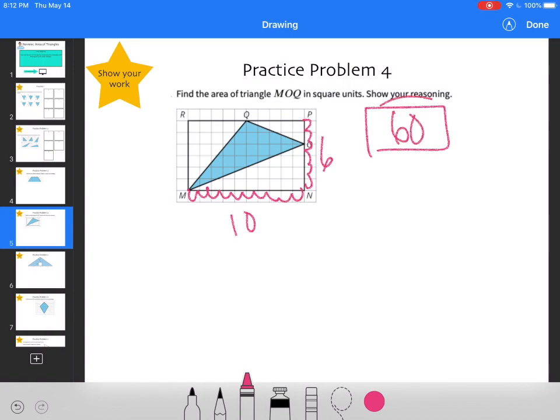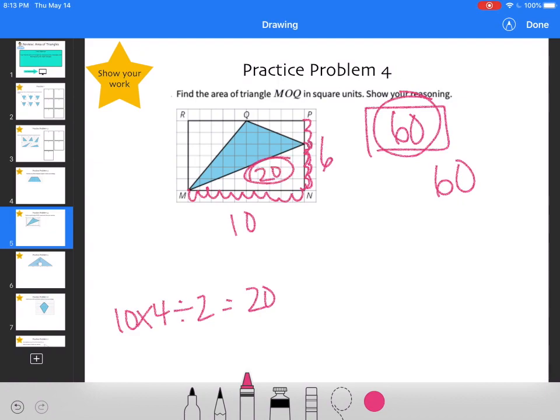So the area is 60. So now I'm going to subtract off all the white spaces so that I can figure out what's left. So I know the base of this triangle, the one on the bottom, is 10, and I know the height is 1, 2, 3, 4. So 10 times 4 divided by 2 gives me an area of 20. So this big triangle on the bottom's area is 20. So I'm going to subtract 20 off, and I'm left with 40 units.